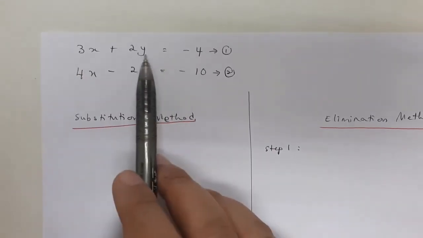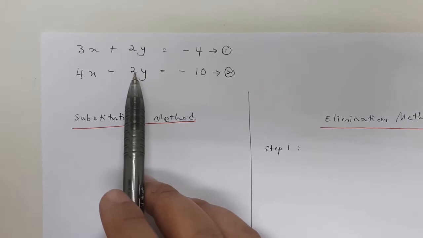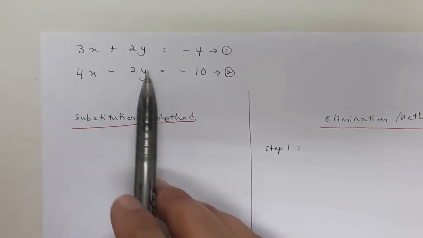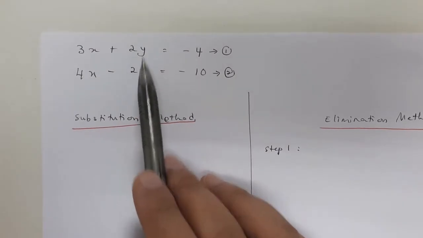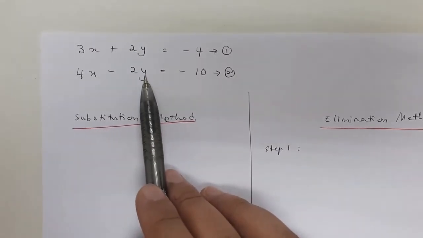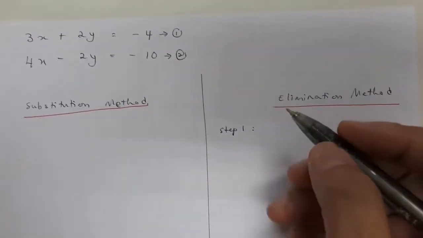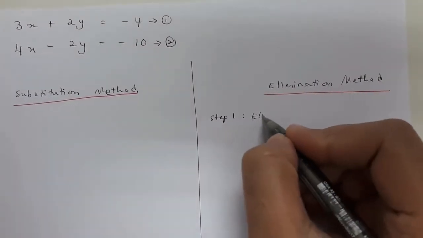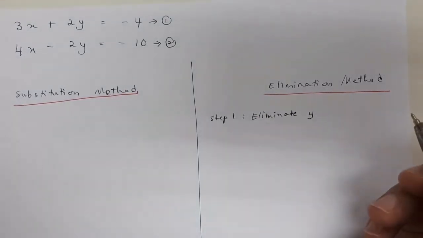But the coefficient for y is the same. Here we have 2y and here also we have 2y. So as for step 1, it's easier if we choose to eliminate y because y already has the same coefficient. So we choose to eliminate y.